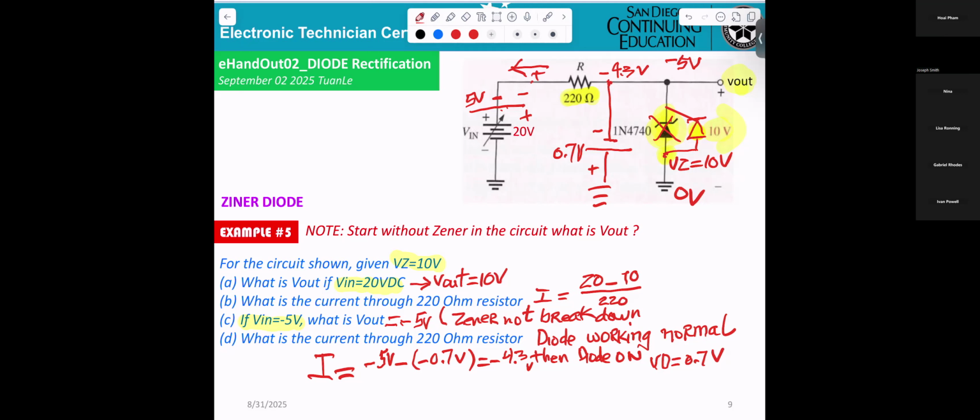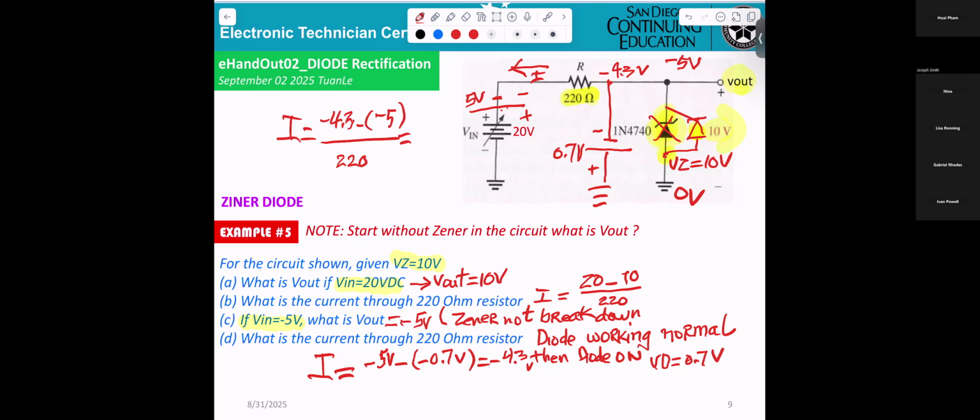So I will be minus 4.3 minus minus 5, divided by 220.